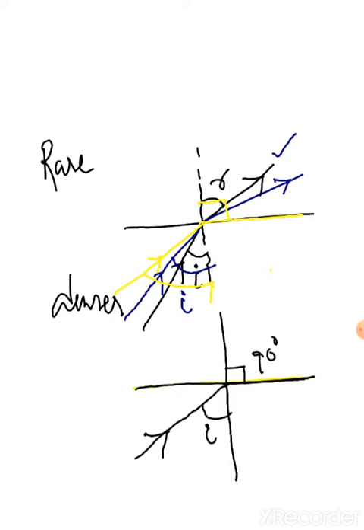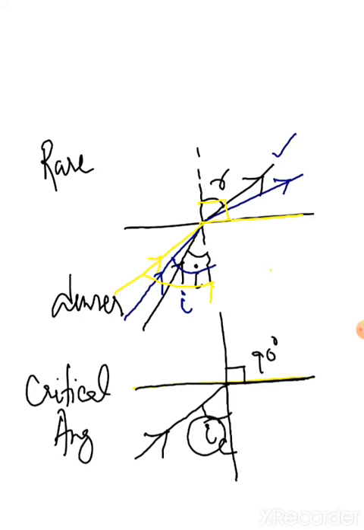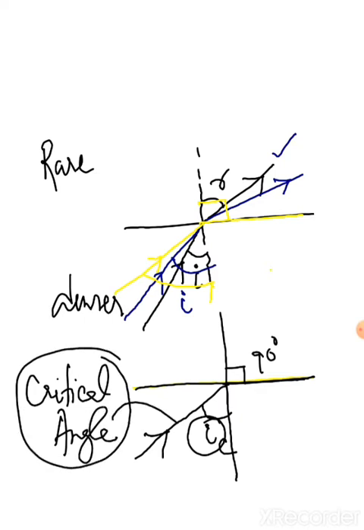At that time, this angle of incidence we call it as critical angle. What do we call it? Critical angle. Now you need to understand here. Now what is critical angle? Critical angle is an angle of incidence, but it is unique in itself. That is why a particular name has been given to it. What is that?